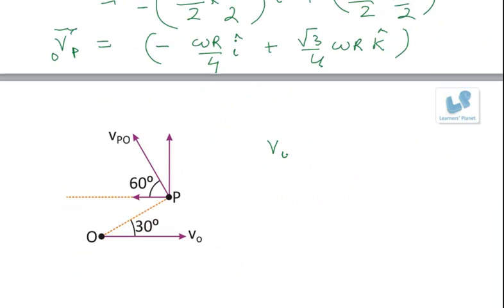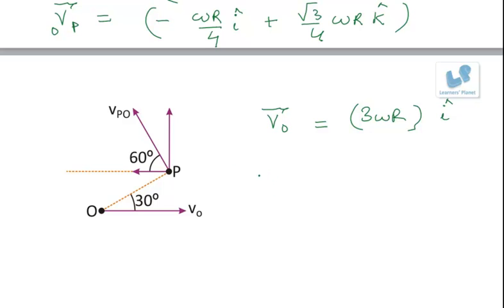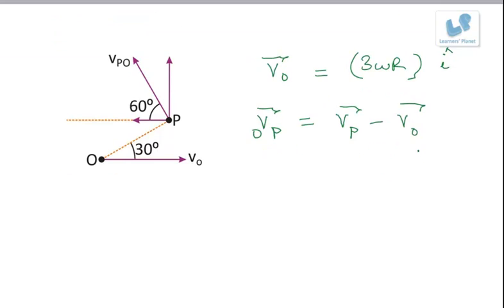So velocity of point O can be written as 3 omega r i cap. Now velocity of point P with respect to O can be written as Vp minus Vo.